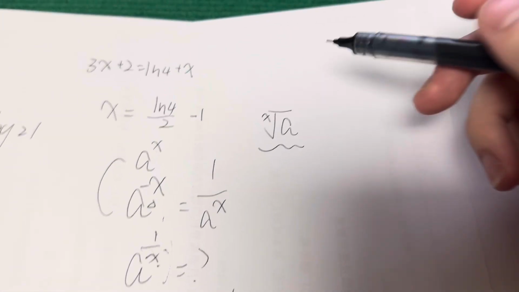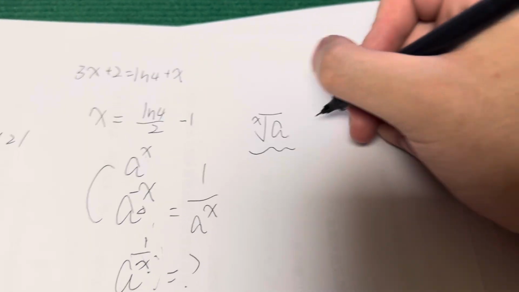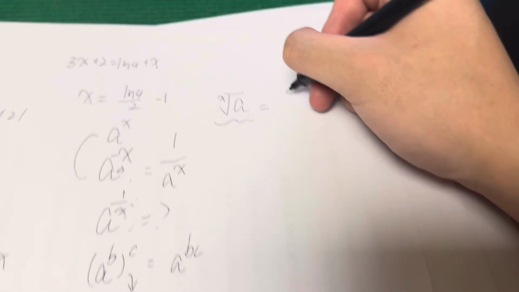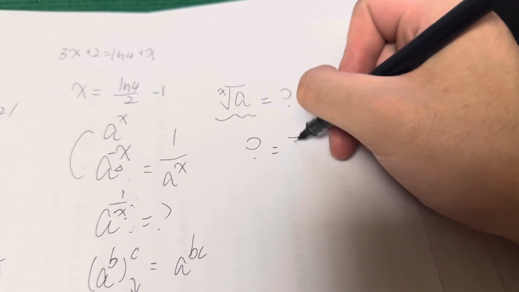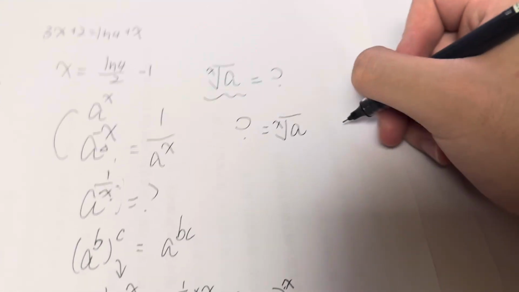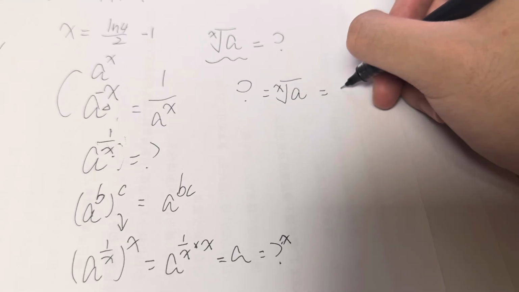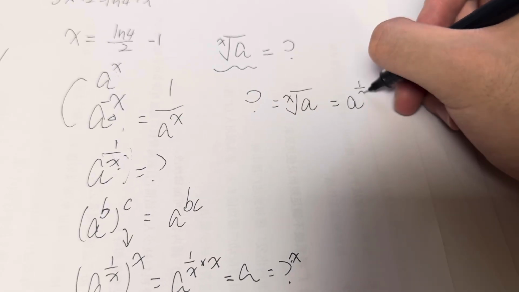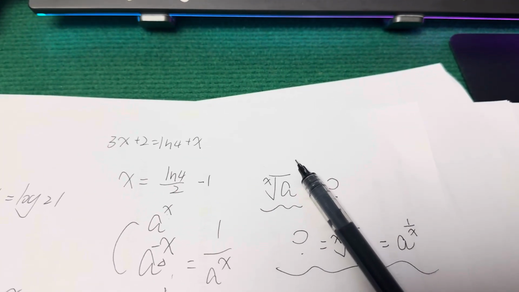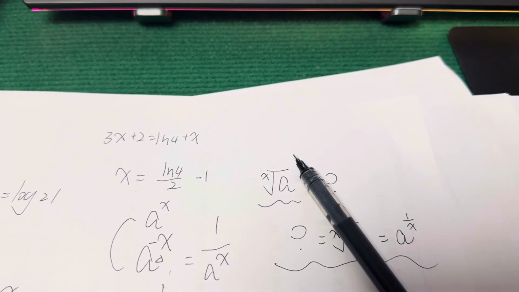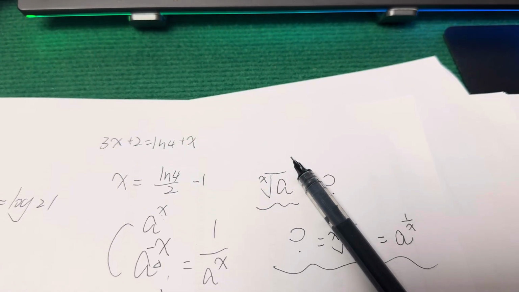So please tell me how to read this in English. So we know that the question mark is equal to this, which is a to the power of 1 over x. Just remember this, because if my memory is correct, it will appear in the standard level extended part.